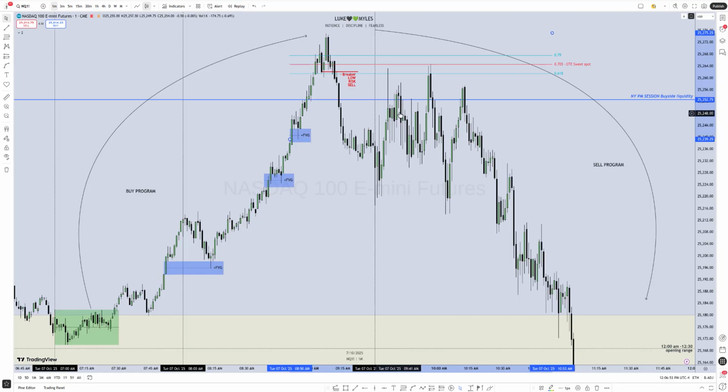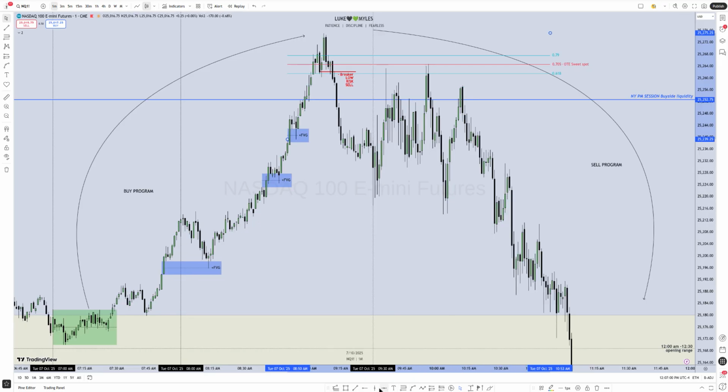So considering this as a consolidation right there, on this side we have accumulation. On the dropping side we have distribution. So we have accumulation, low risk buy, accumulation, reaccumulation going into the buy side liquidity.